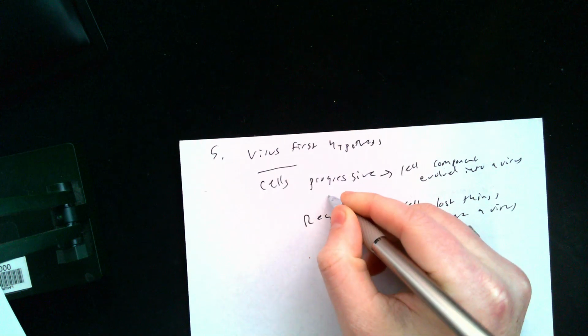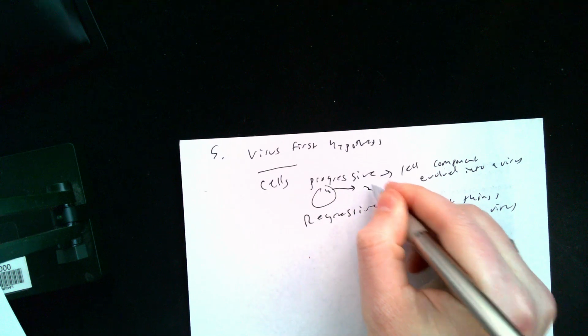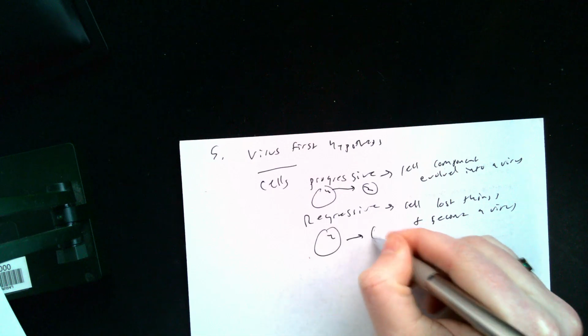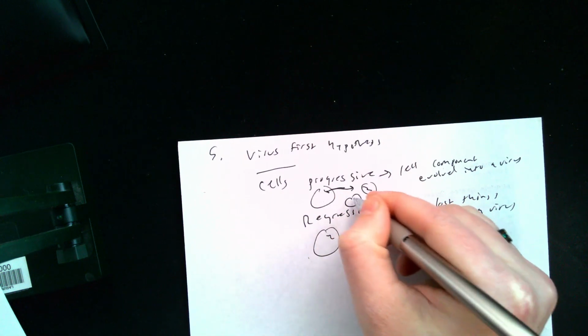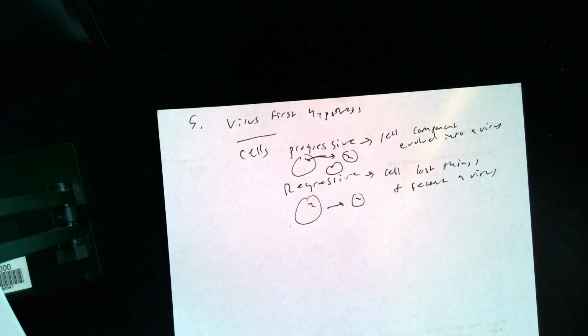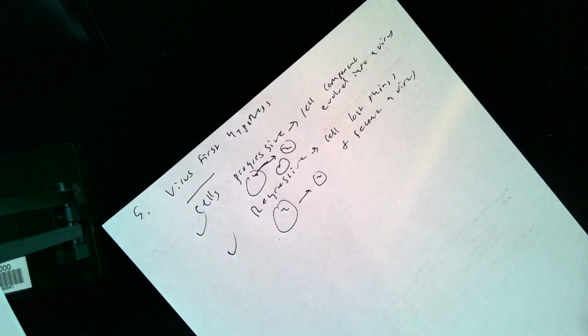In the progressive one, you had a part of a cell escape and become a virus. In the regressive one, the whole cell shrank into a virus. So instead of something leaving and you still have the cell behind, that cell became one. There is evidence for both of these.